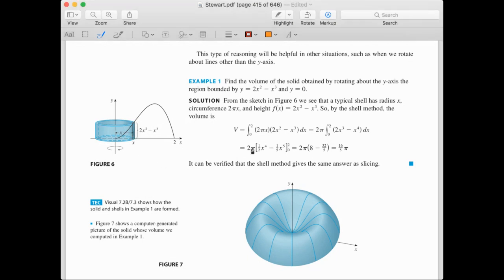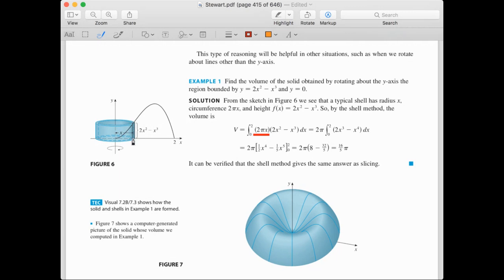So 2 pi r, 2 pi x, because we're rotating with the y-axis, so the r is clearly just the x value, right? The rotation happens with the y-axis. The r is just the x value, so we have 2 pi x.